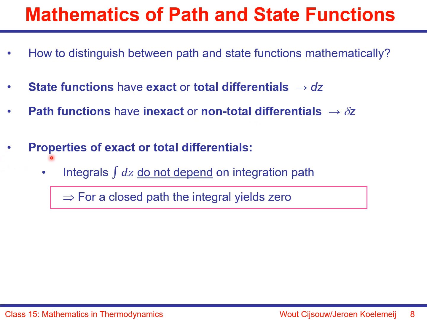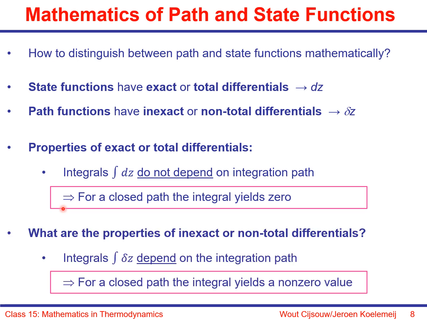We've also seen that the path integral of a state function, which is described by this total differential, has a value that does not depend on the integration path. And from this, you can show quite easily that if you follow a closed path, the integral should be 0.